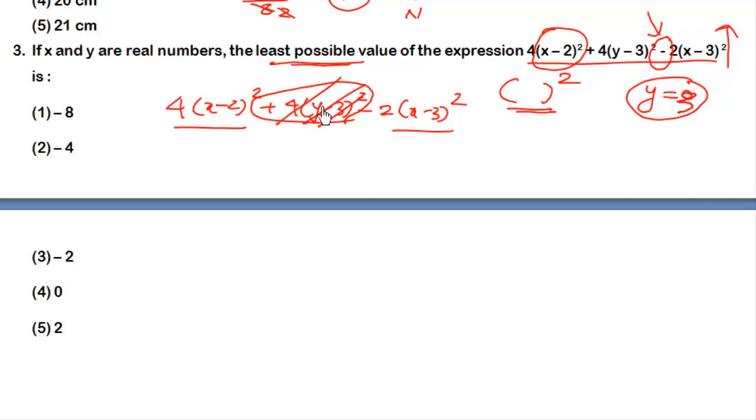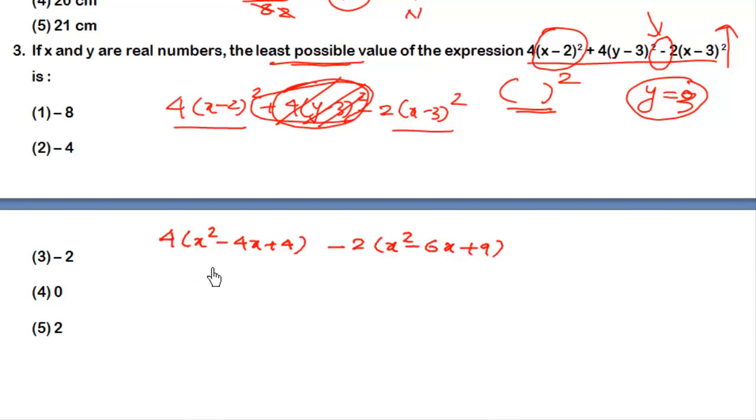I mean that this entire expression will be 0 for y equal to 3, right? So if I want to simplify it, we can write it as 4 times (x square minus 4x plus 4), and the last can be written as 2 times (x square minus 6x plus 9).